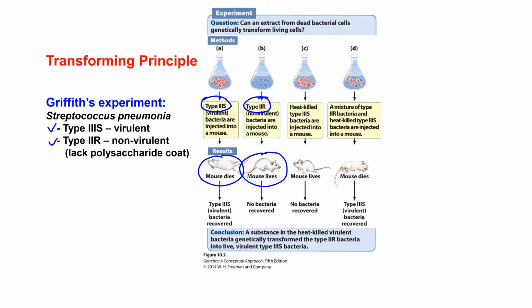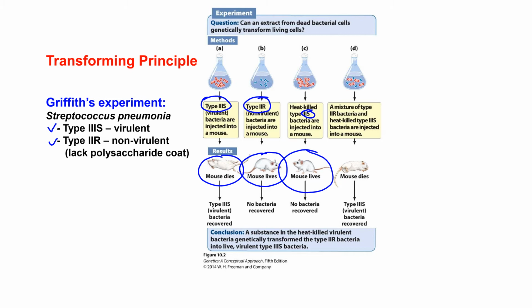So when he heat-inactivated, or heat-killed, the 3S infectious strain of bacteria, of course the mice survived. This would suggest that maybe it is a protein which is responsible for pathogenesis. However, the results of the parallel group of experiments were really surprising.